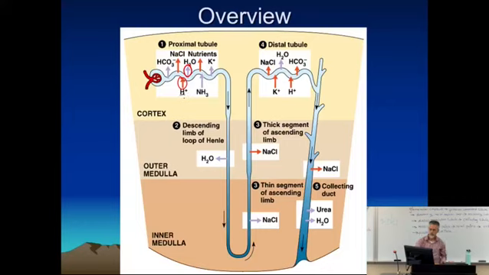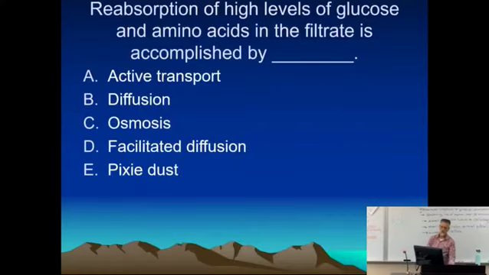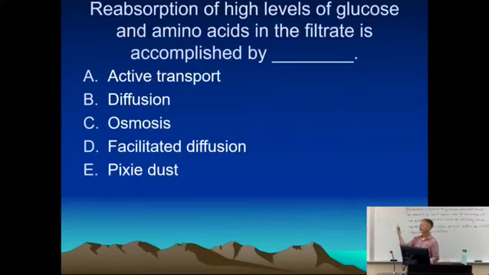So this gives you some examples of different things that are secreted, different things that are reabsorbed, and where that occurs. Okay? Because it's a little bit different. Okay. So make sure you review that. So, this addresses that, right? So reabsorption goes from where to where again?